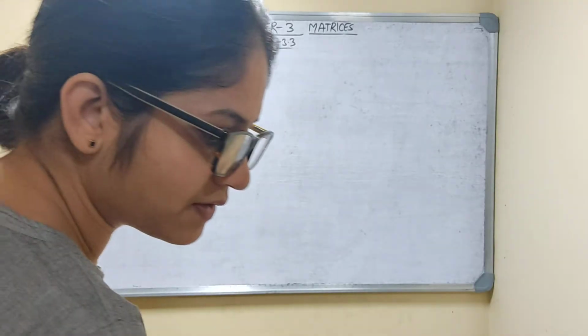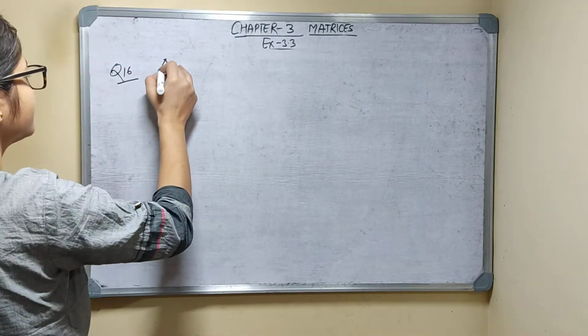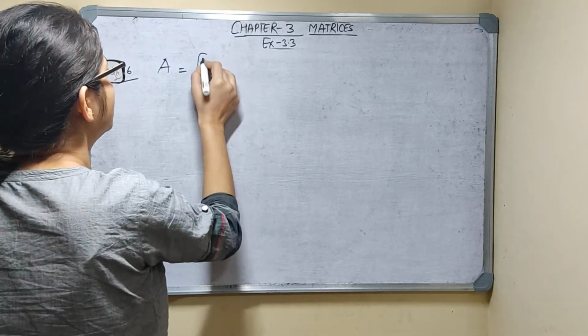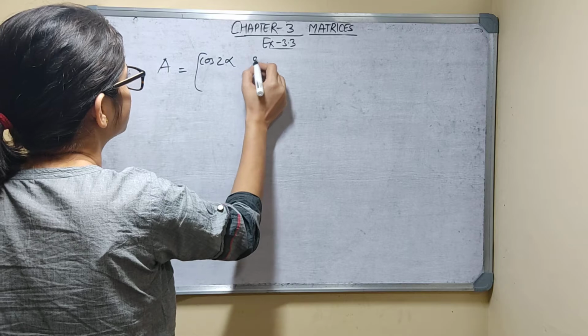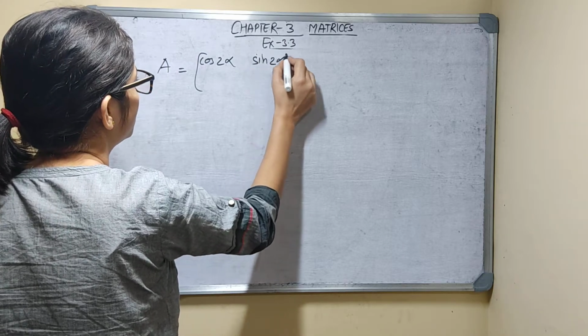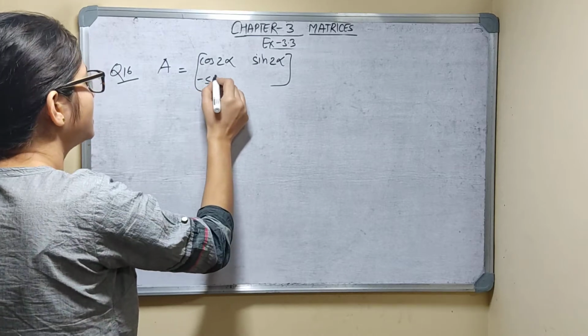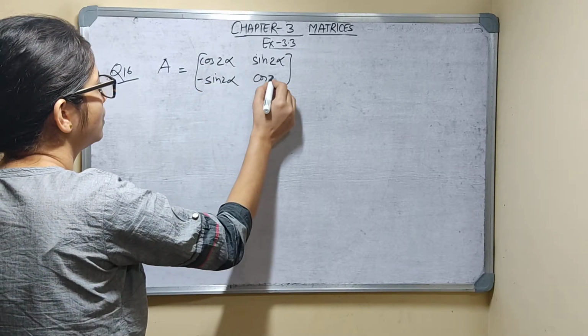In question number 16, A is given: [cos 2 alpha, sin 2 alpha; minus sin 2 alpha, cos 2 alpha]. Find A square.